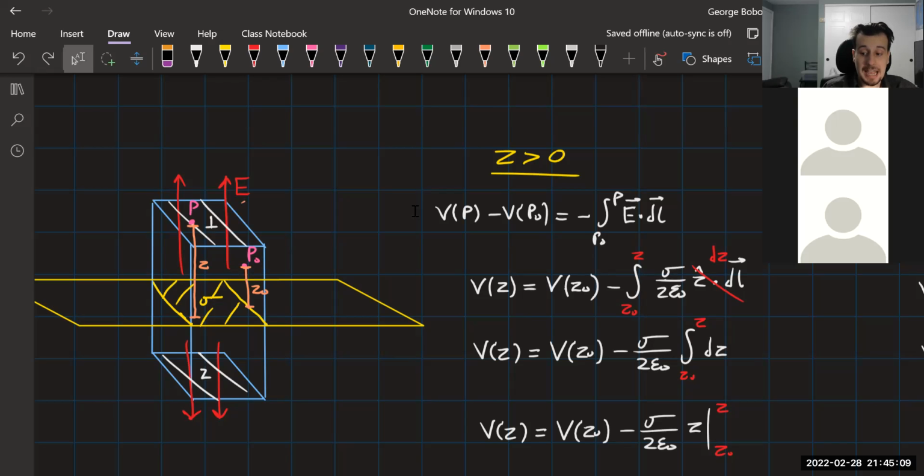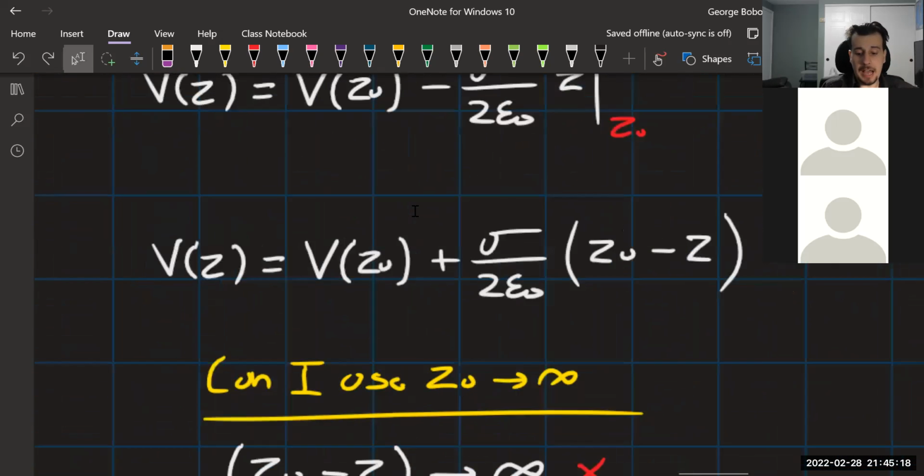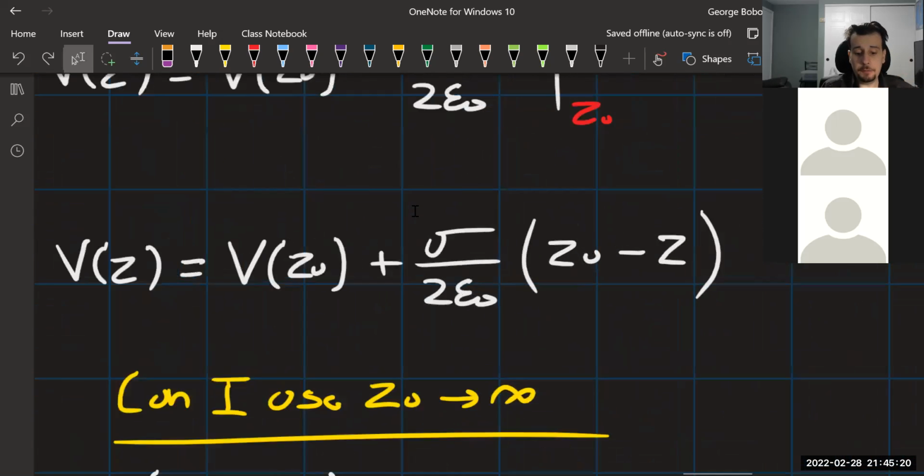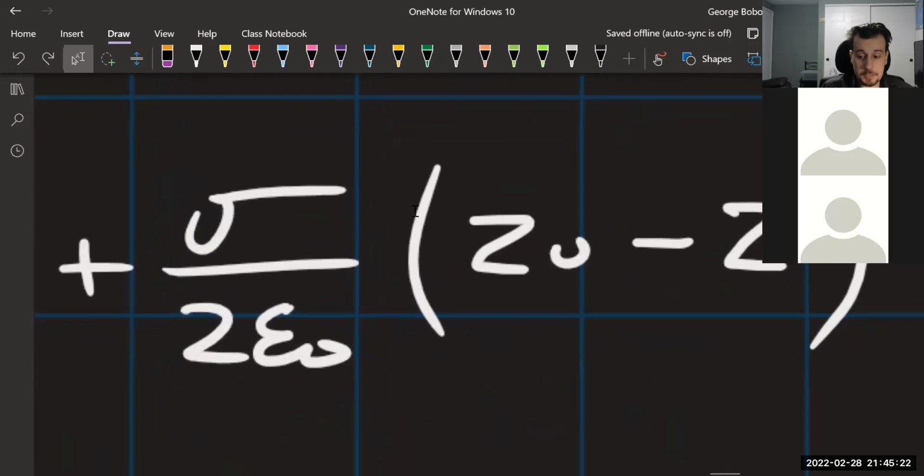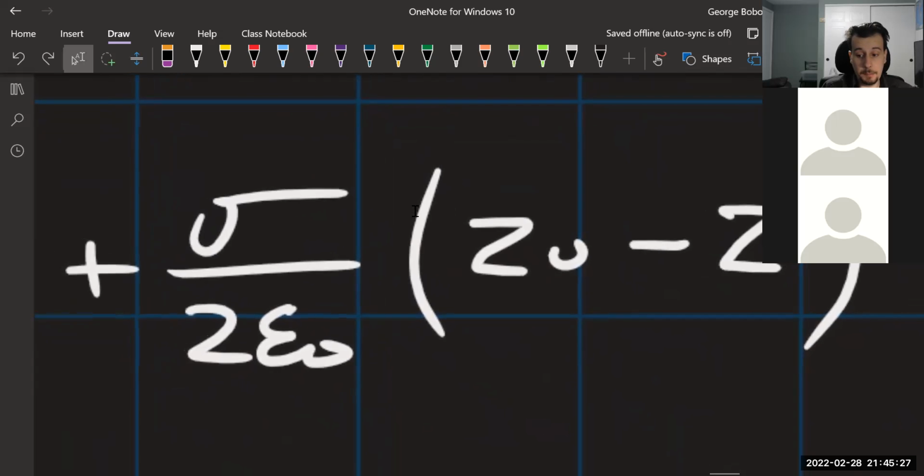And you're going to check at the end of your work if you can use infinity. Sometimes you can, like I said, in the coaxial cylinder. So check at the end when you have the potential function. If you plug in for your reference's position infinity, do you get infinity or do you get a finite number?